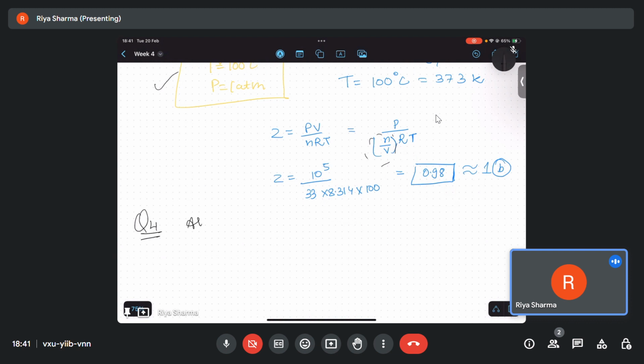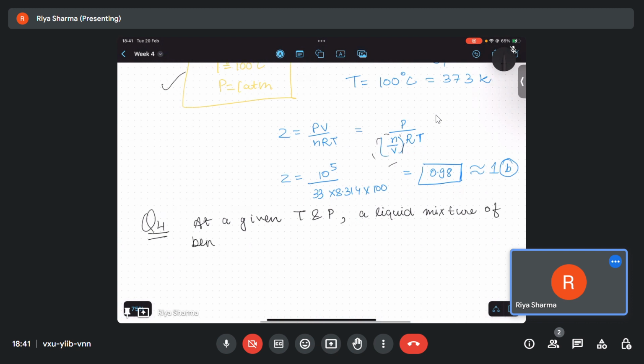So this is a basic question. At a given T and P, a liquid mixture of benzene and toluene is in equilibrium with its vapor.